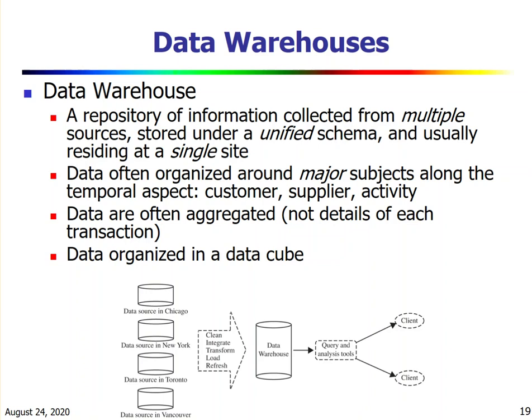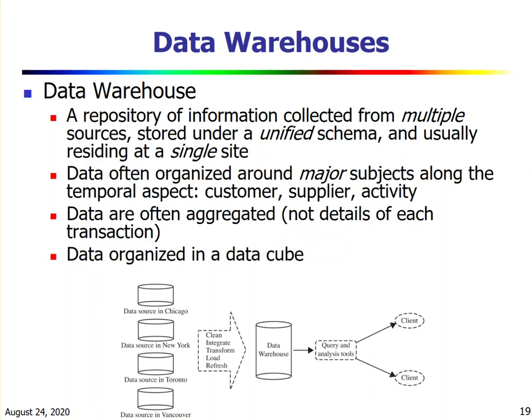Every relational database could have a different schema. But once you put the data into the data warehouse, everything is organized under one unified schema. And it's usually residing at one single site. So it's a centralized system. In chapter 4, we're going to look at a few variations, but that's the general concept of data warehouse.